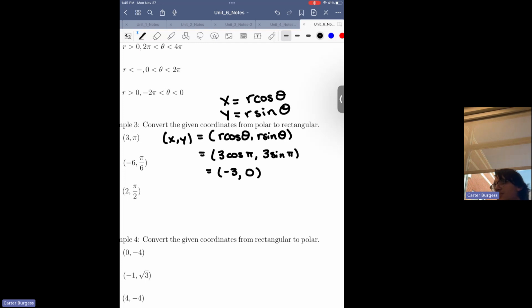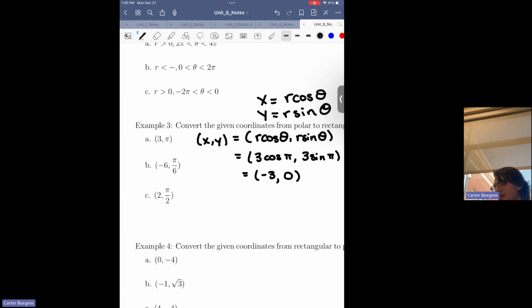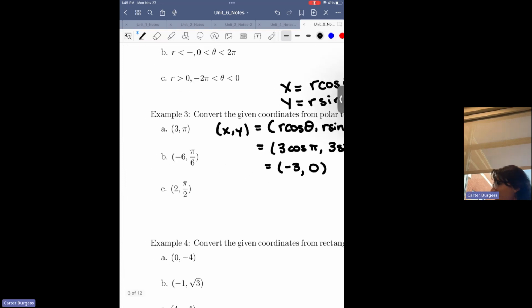All right, if we don't have any questions, take a stab at B and C here. Exact same idea. 5 minutes might be a little bit long on this one, but let's take 5 minutes to work through B and C.